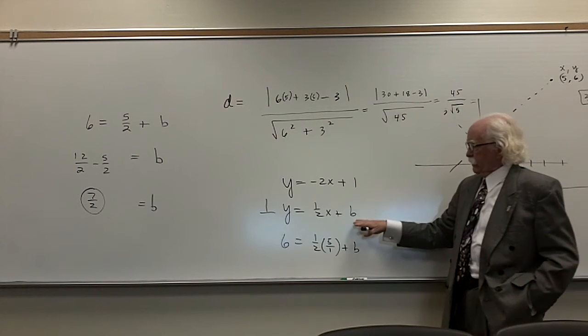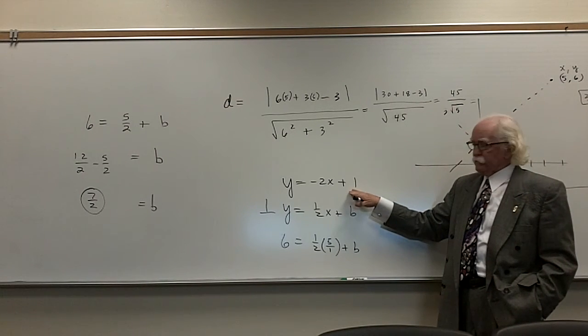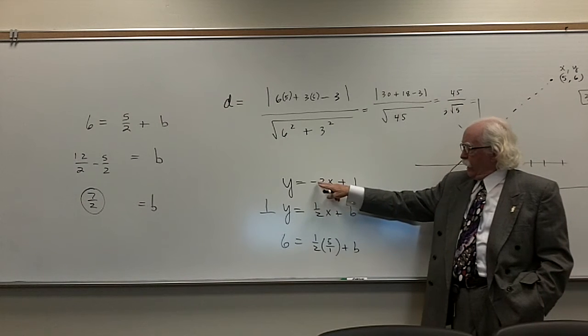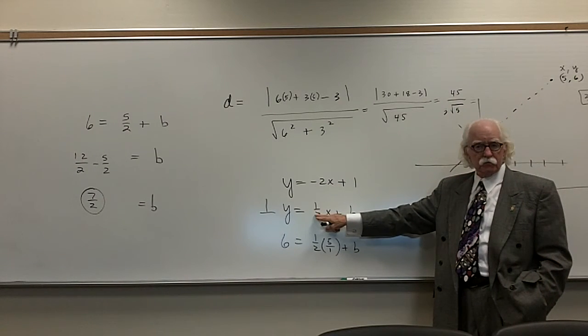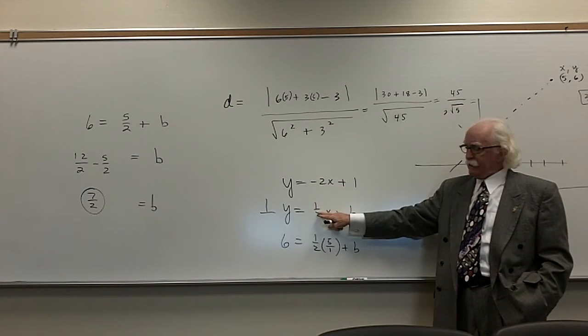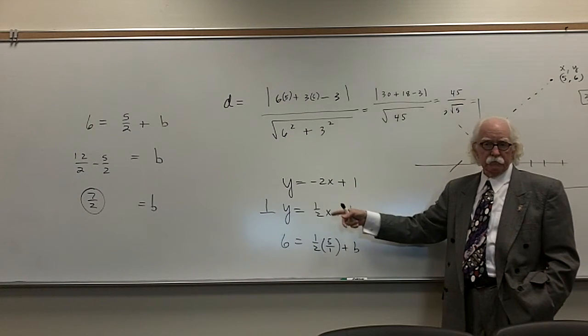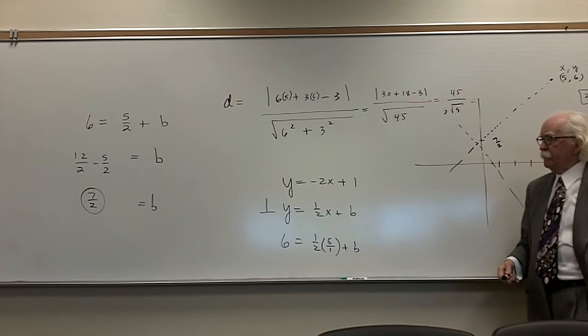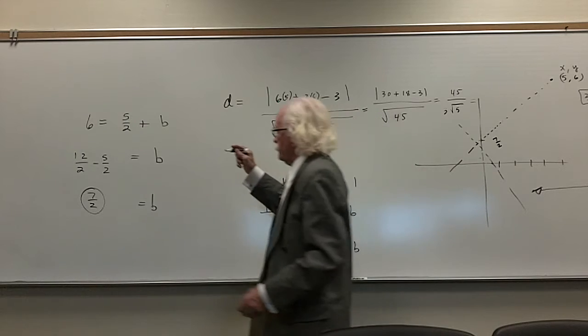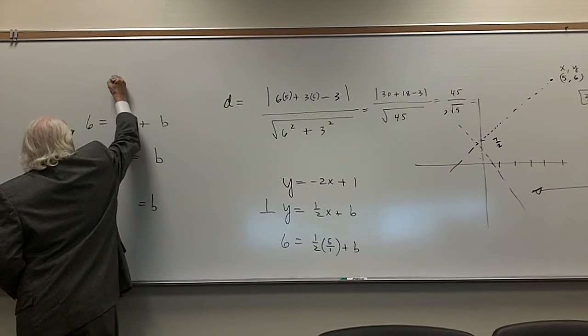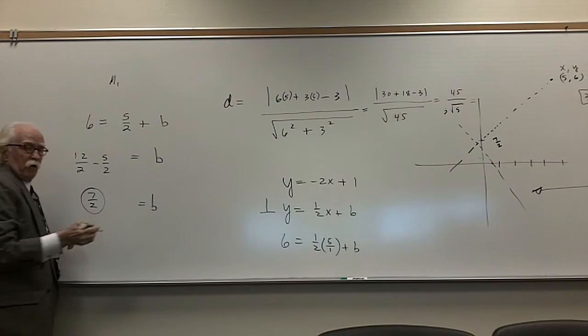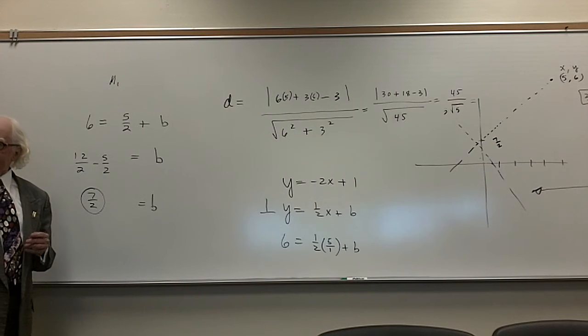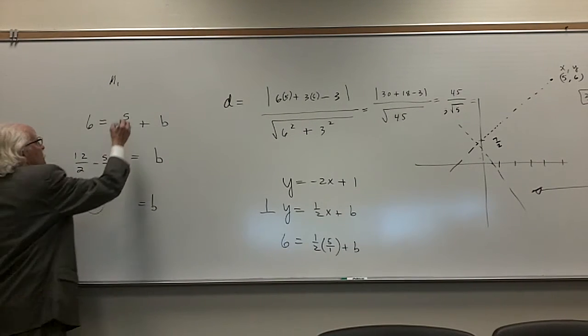These two lines are what? They are perpendicular to each other. The reason why is because the slopes are opposite in sign and reciprocals. And all that says is this: M1 can be the slope of the first one, and M2 the slope of the second.